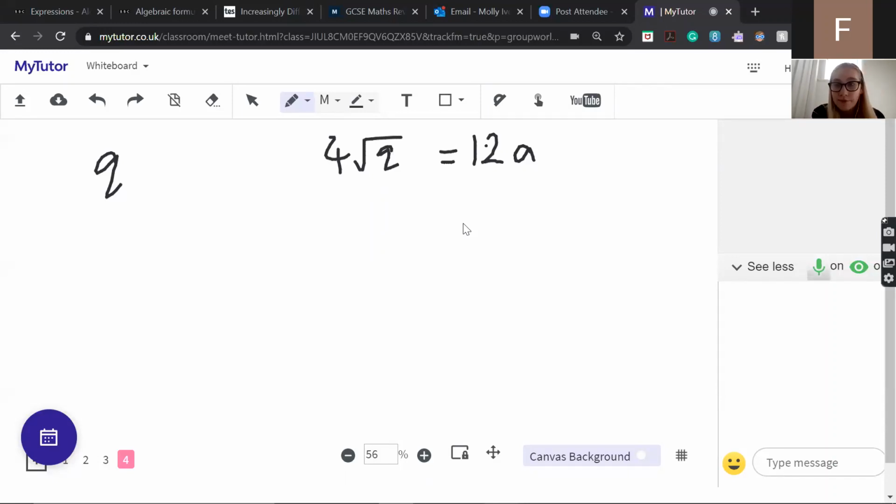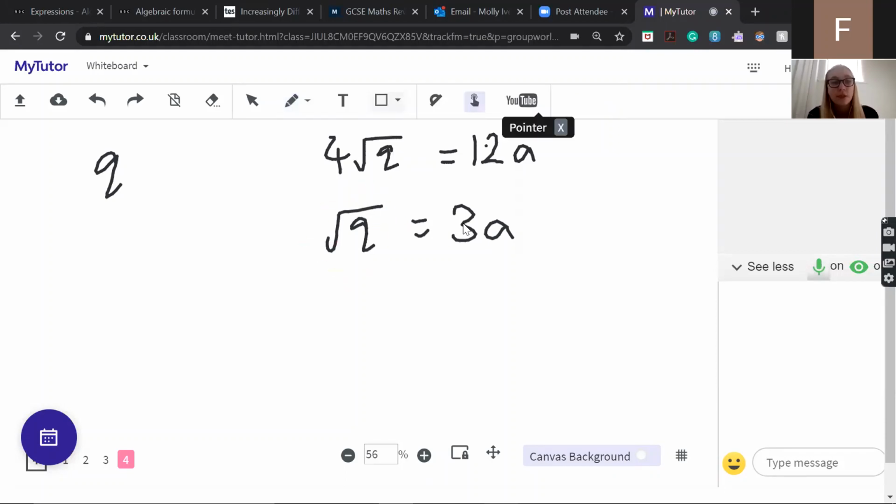Lucky for us, whoever wrote this formula didn't do a great job because they could have simplified it to start with and said that root Q is equal to 3A, because 12A divided by 4 is just 12 divided by 4 and sticking the A on the end, so it's 3A. Then, how do we get rid of a square root? We do the opposite. We square both sides.